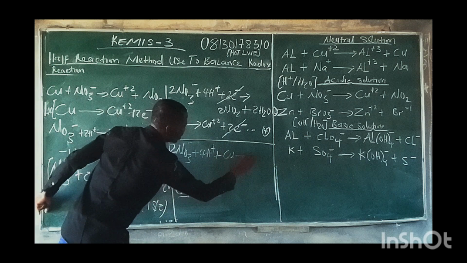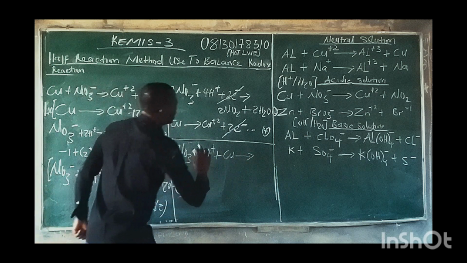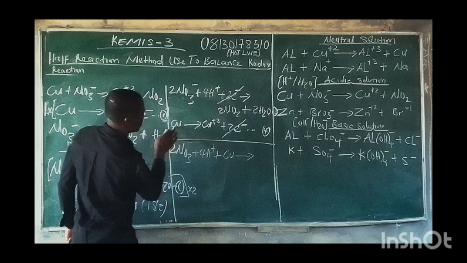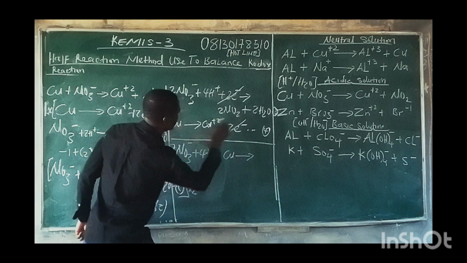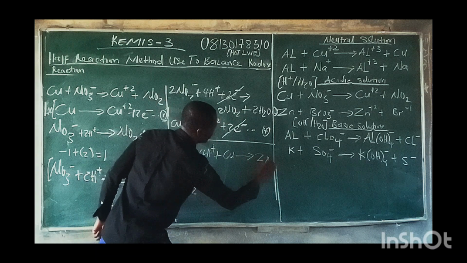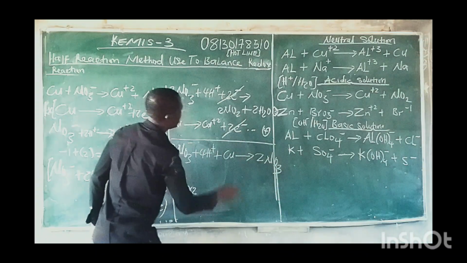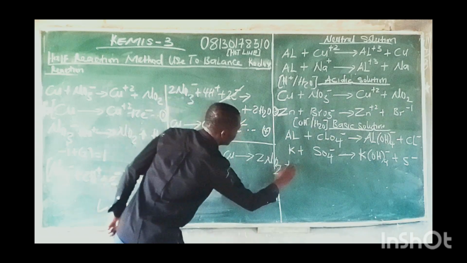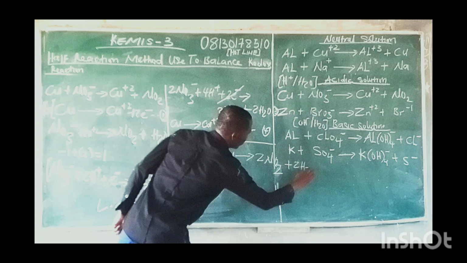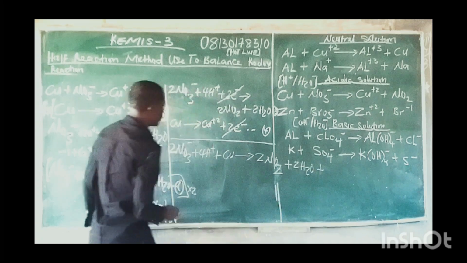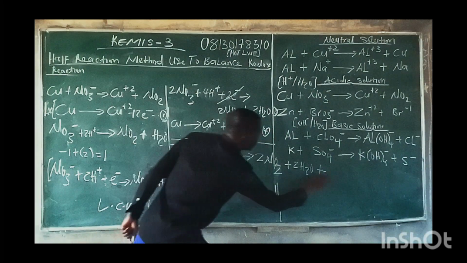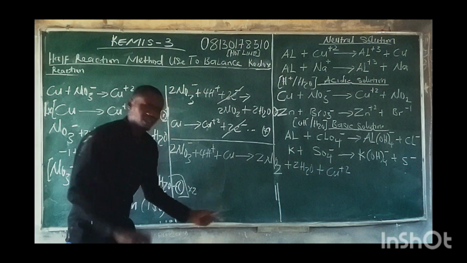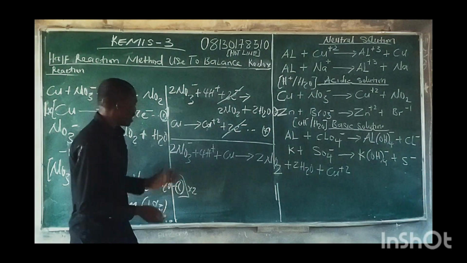It's going to give me, on the product side, 2NO2 plus 2H2O plus copper plus 2. Now, I don't want to write it here so that you will not get confused.